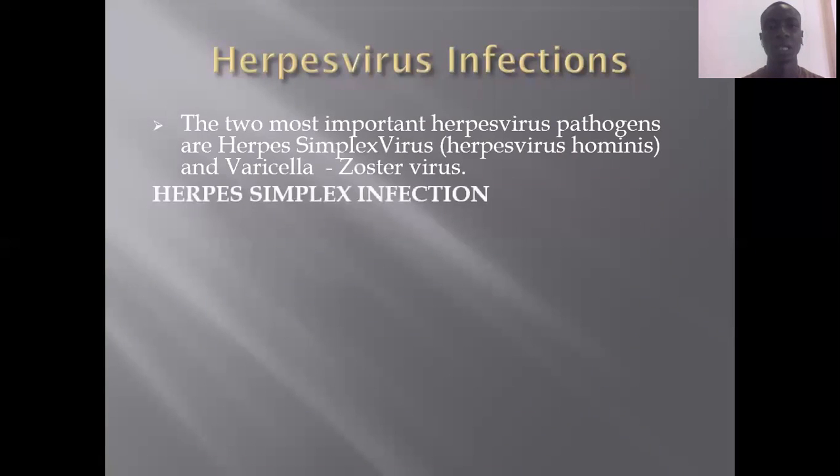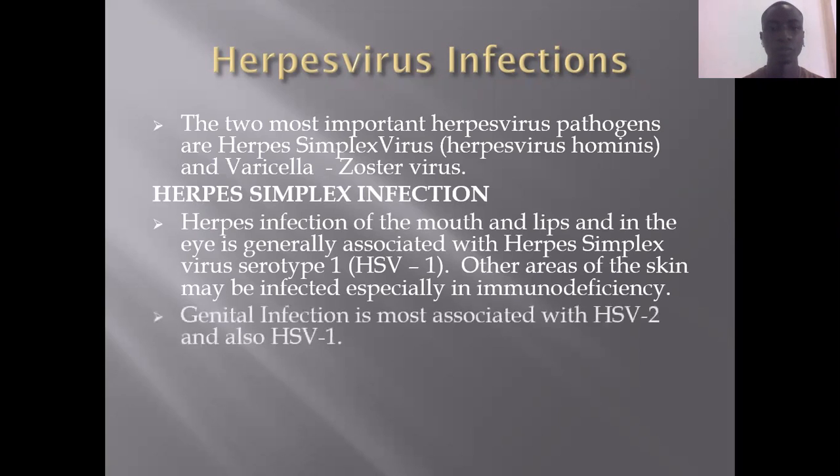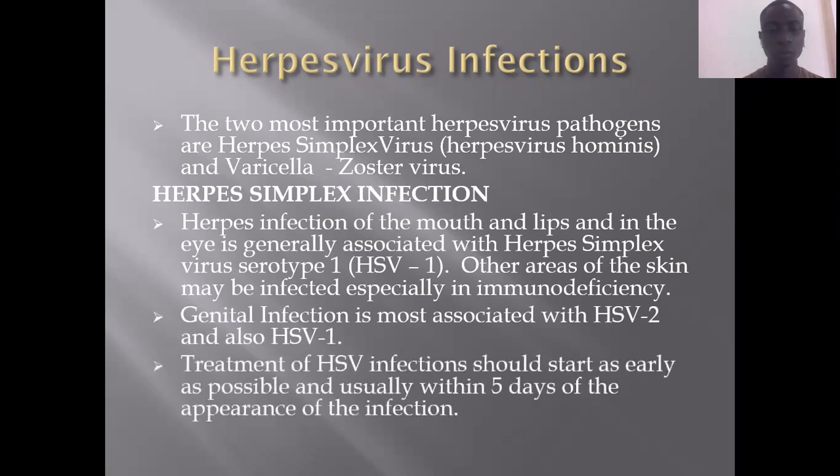So we're going to look at herpes virus infection. The two most common herpes pathogens are herpes simplex virus and varicella zoster virus. Herpes infection of the mouth, lips and eyes is generally associated with herpes simplex virus.